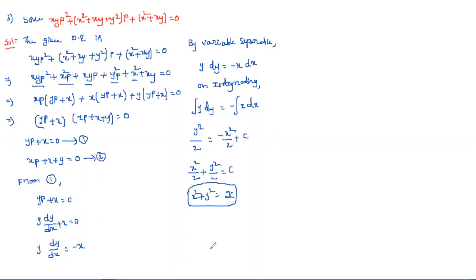Now we have to find the solution for the second equation. From equation 2, xp plus x plus y is equal to 0. Keep the x terms on one side: xp plus x is equal to minus y. Here p is nothing but dy by dx. So x into dy by dx plus x is equal to minus y.